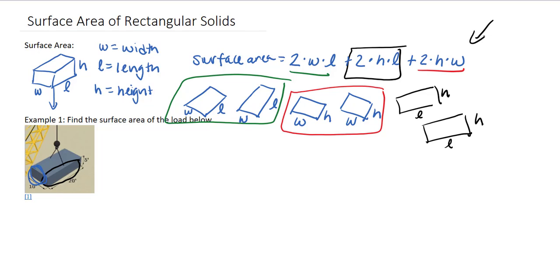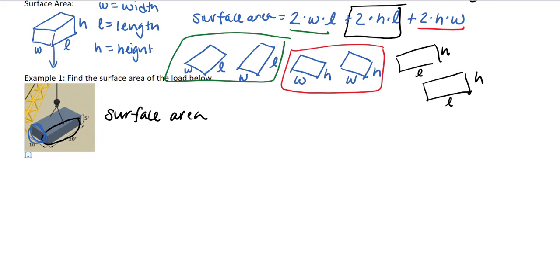So let's go ahead and start to solve for these. Example 1, find the surface area of the solid below. We are going to be looking at our formula and start solving. Let's first look at what W, H, and L are.